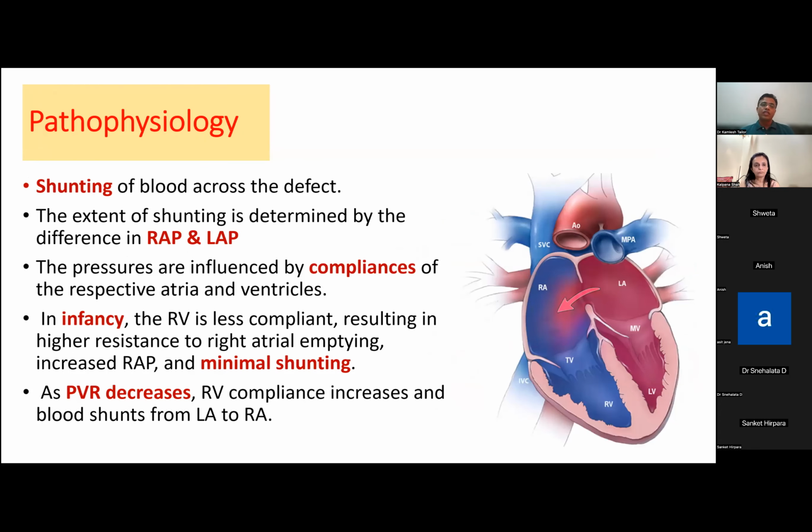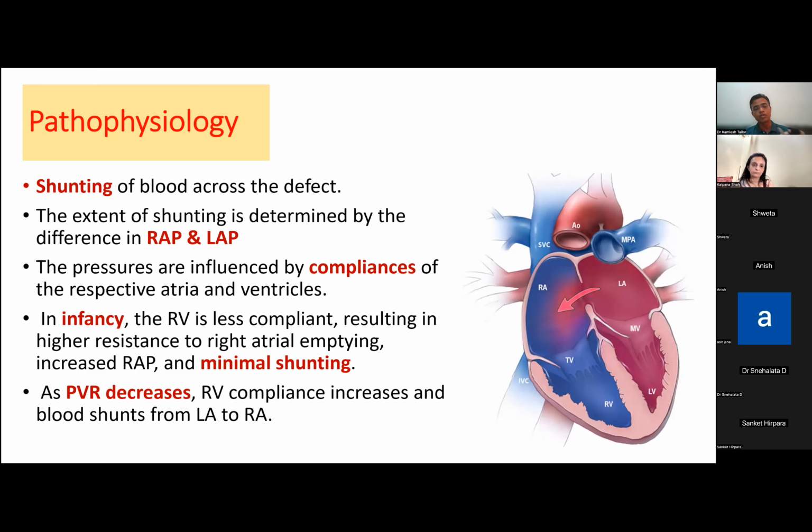Coming to the pathophysiology, the shunting of blood across the defect depends on the size of the defect as well as the pressure between both chambers, right and left. Obviously the left atrial pressure is higher than the right atrial pressure, so there will be left to right shunting, and the amount of shunting depends on the size of the defect and the compliance of the RA and RV. During infancy there will be minimal shunting, because there is high pulmonary vascular resistance, so RV EDP is high and RA pressure is high.